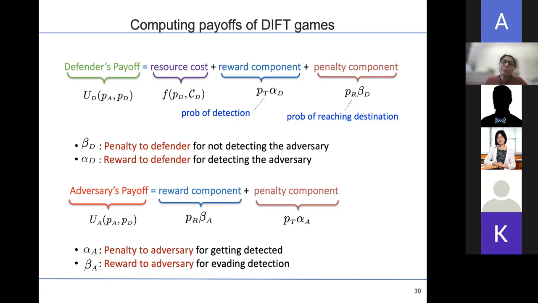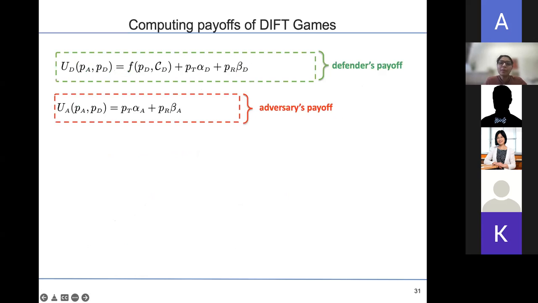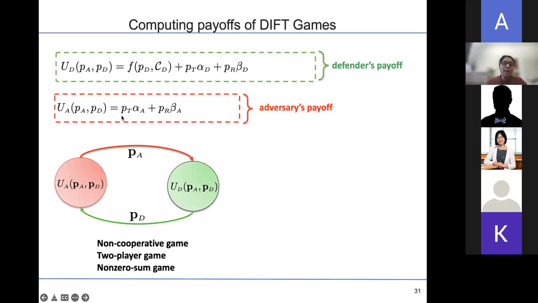So the payoff function for the defender can be considered as consisting of these 3 components, and the attacker of these 2 components. And now to formally come back to our earlier figure, you have an attacker with a payoff UA and a defender with a payoff UD, and UA and UD are functions of both PA and PD.